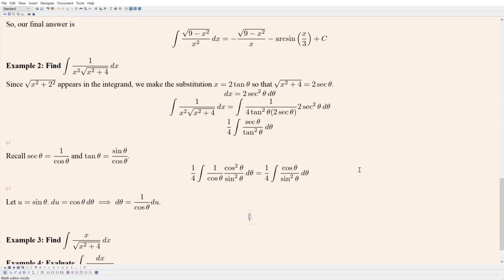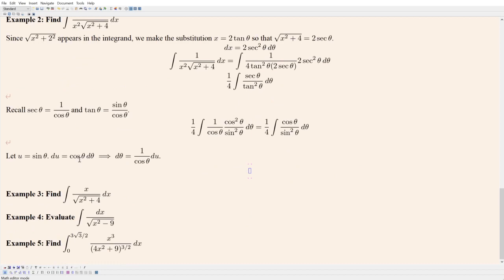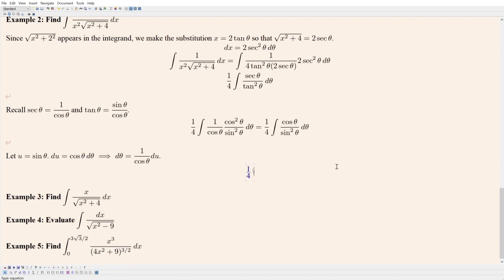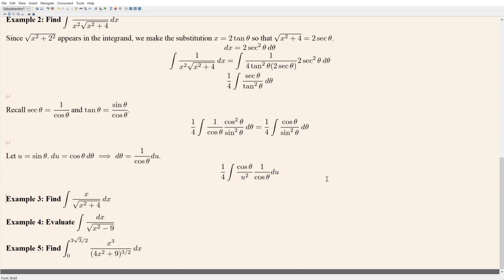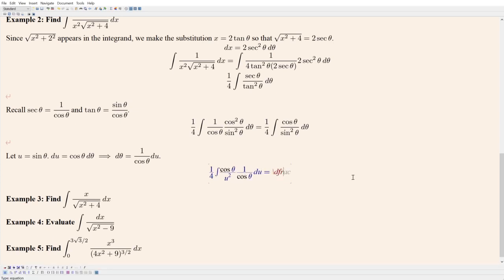We did the first substitution to be in terms of theta, and now we have another substitution in terms of u. So cosine on top. Sine has become u, so now we have u squared on the bottom. And then instead of d theta, we have 1 over cosine du. So these cosines cancel, as desired.